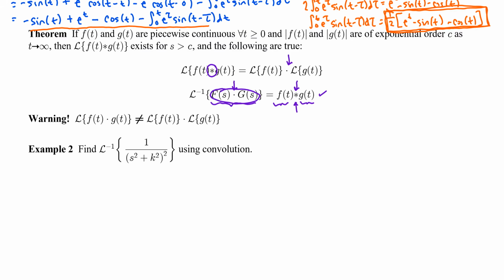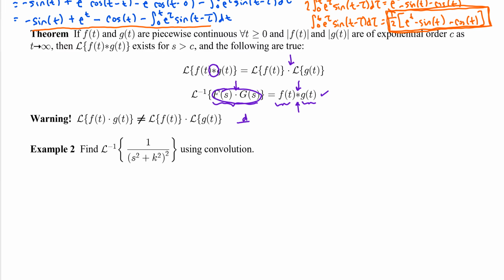Now, one thing I want you to be aware of, this warning right here. The Laplace transform of the product of two functions, f of t and g of t, is not equal to the product of their Laplace transforms. Okay? You already know this fundamentally with derivatives and integrals.